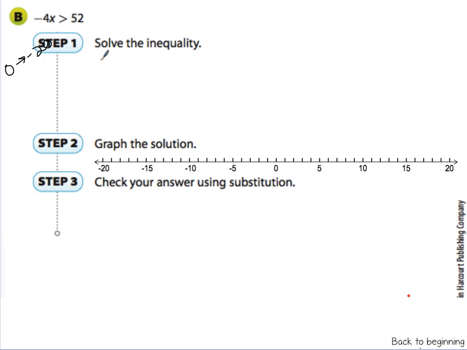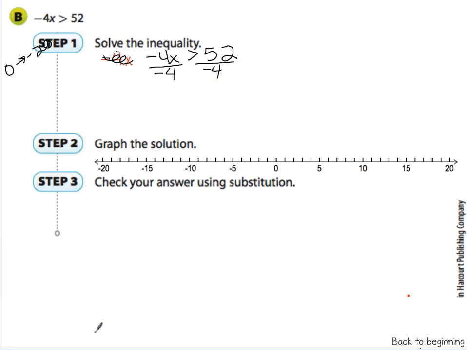So now we have -4x is greater than 52. So now we are going to divide both sides by a -4.